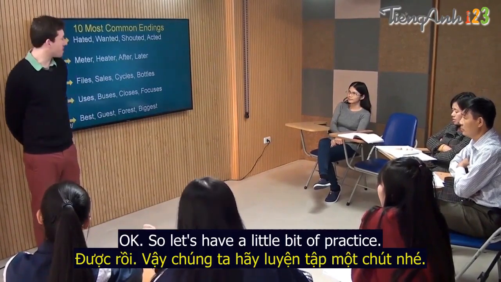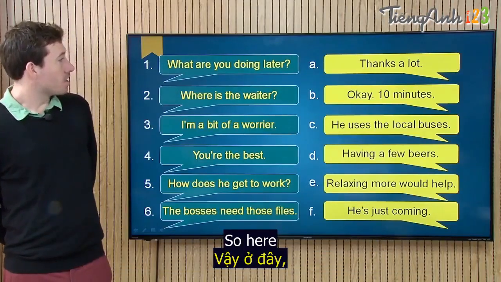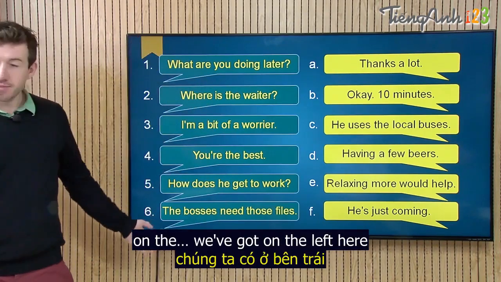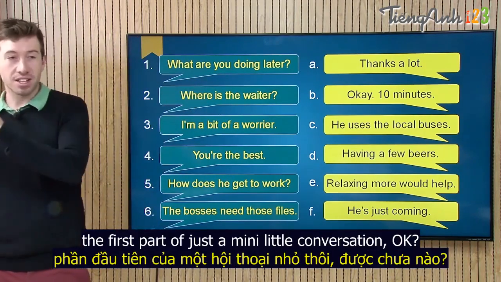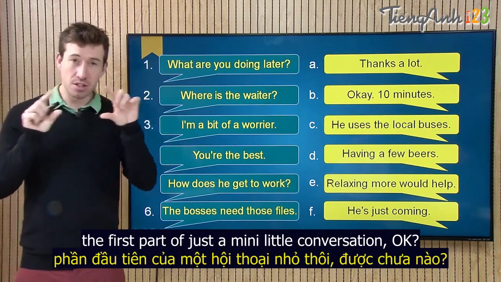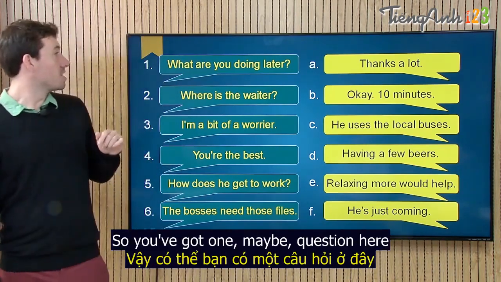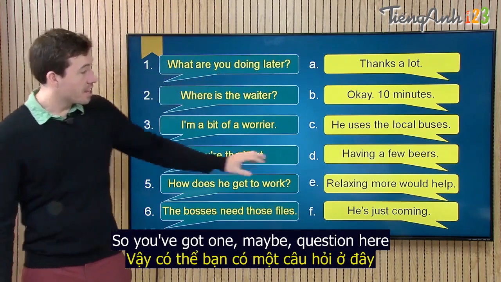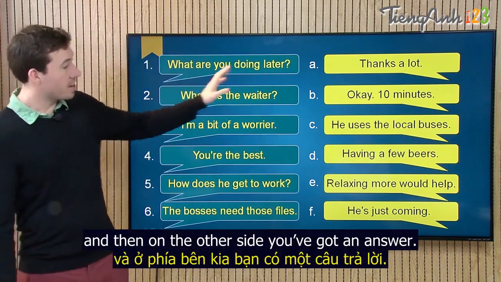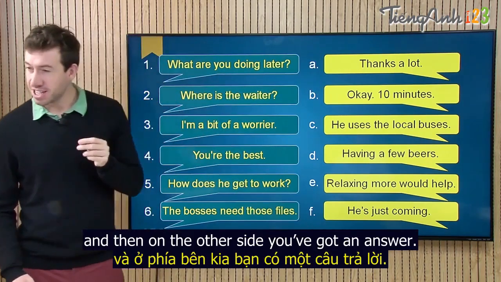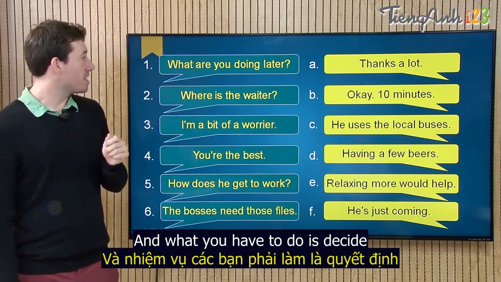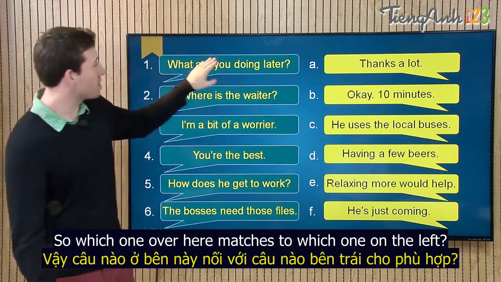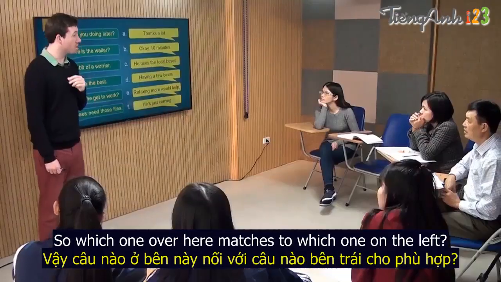Okay, so let's have a little bit of practice. So here, on the left, we've got the first part of a mini little conversation. So you've got maybe a question here, or a statement here, and then on the other side, you've got an answer. And what you have to do is decide which goes to which. So which one over here matches to which one on the left.